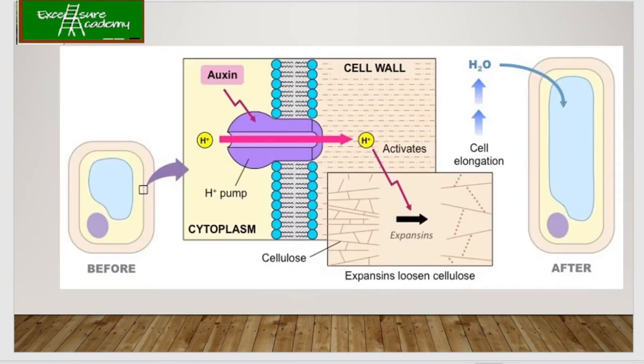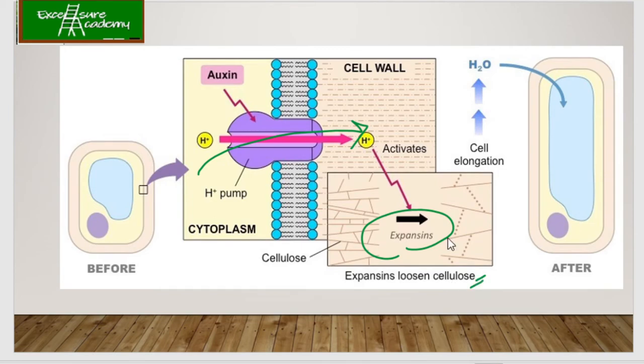Let's see the figure over here. Normally the cell is like this; this is how the normal cell looks. Now what is happening? Since the auxin-induced H+ pump gets activated, from the cytoplasm the H+ are pumped into the cell wall. In the cell wall the proteins called expansins get activated, which help in the loosening of the celluloses present in the cell wall.